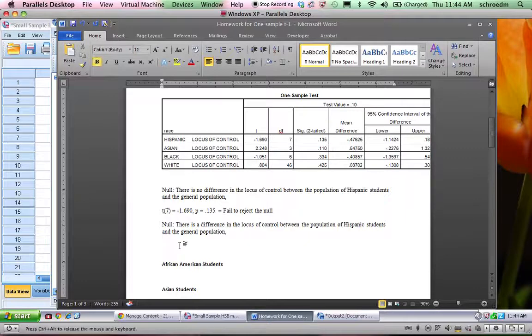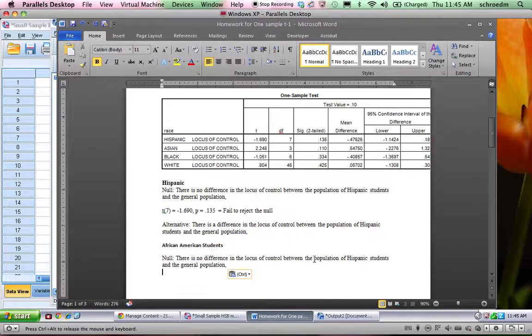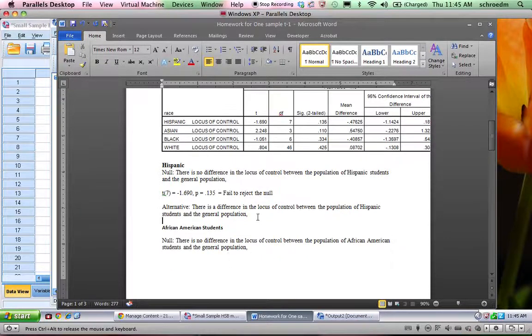Now, for African American students, it comes out to be exactly the same thing, only the statistics are a little bit different. If I'm going to do this null, I can just paste it in, change Hispanic to African American, and that's basically all I have to do, because I'm asking the same question.